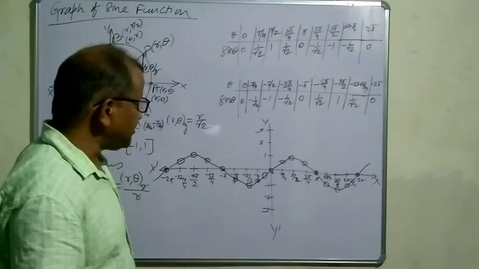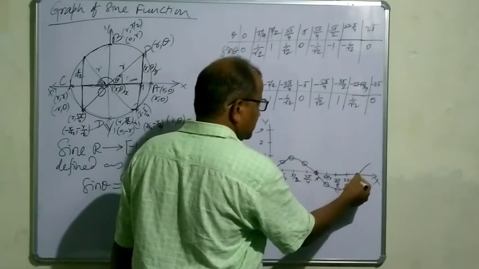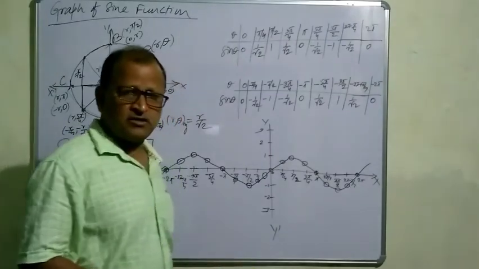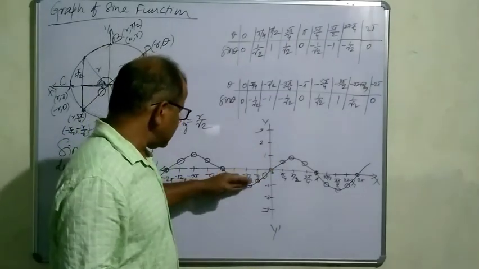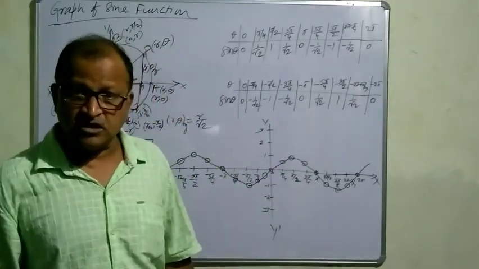It is giving a periodic value. It decreases to 0, then up to minus 1, again increases up to 0, like this. So its curve is like this. This is the curve of the sine function.